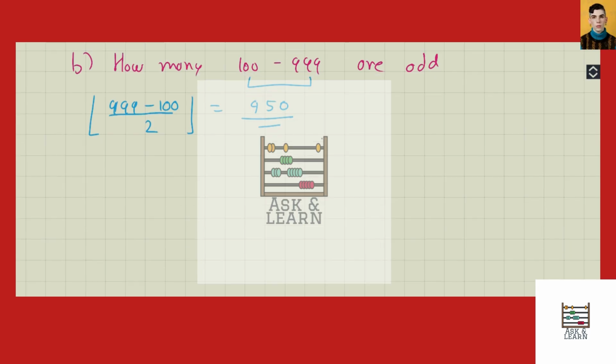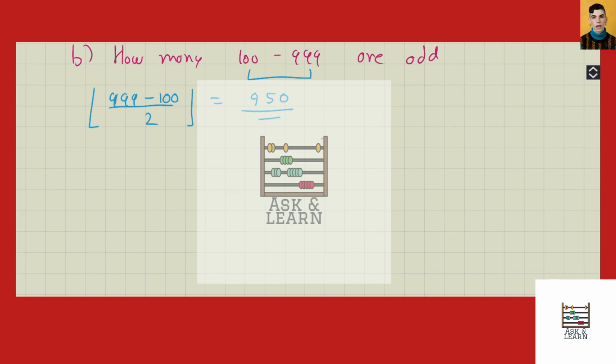Okay, and now we need to determine how many of them have the same three digits. Technically we have here three digits, with numbers going from 100 to 999.